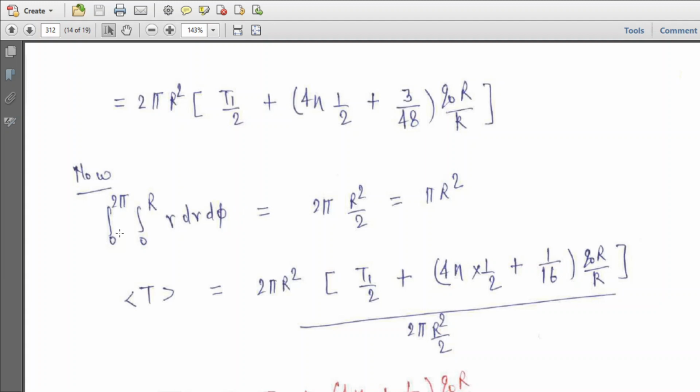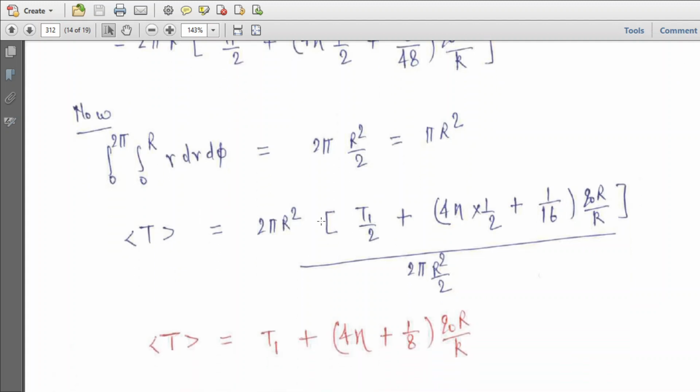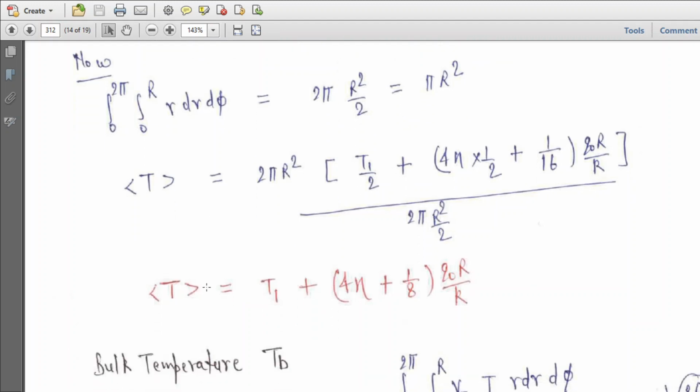The area, integral 0 to 2 pi, 0 to R of r dr d phi, is 2 pi R square upon 2, that is pi R square. Now the arithmetic average temperature is this divided by this, so from here you will get T average arithmetic equal to T1 plus 4 eta plus 1 upon 8 q naught R upon k.